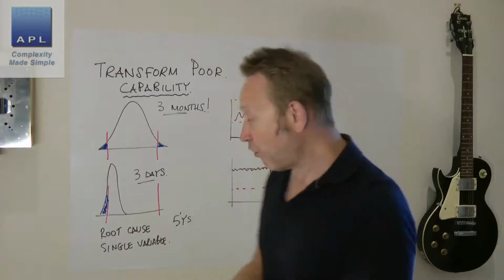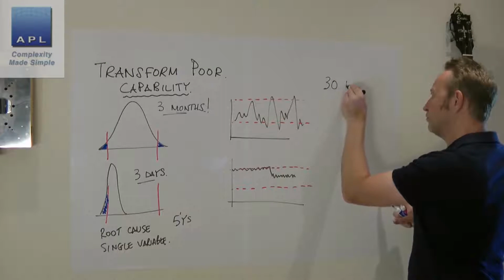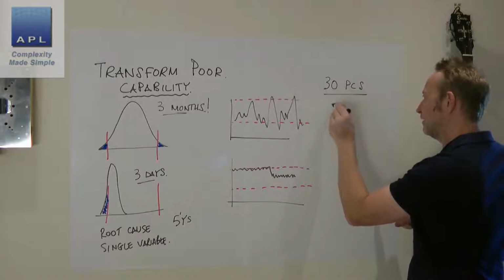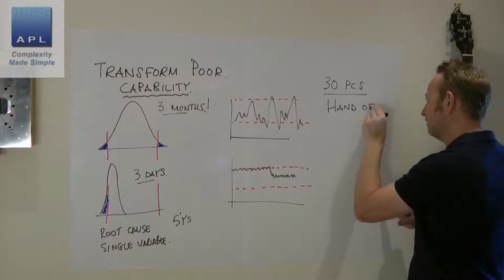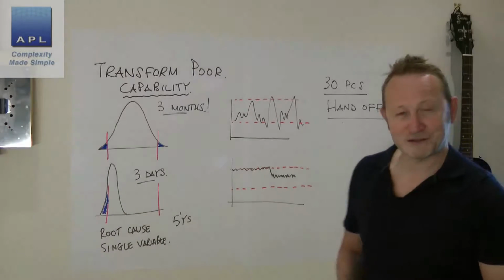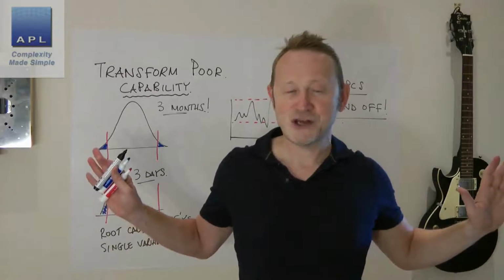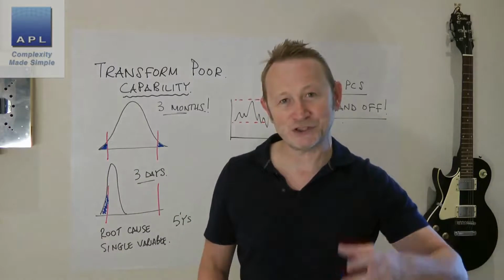So job number one is you go to your process. You do 30 pieces hands off. No adjustments in those 30 pieces, just 30 repetitions.